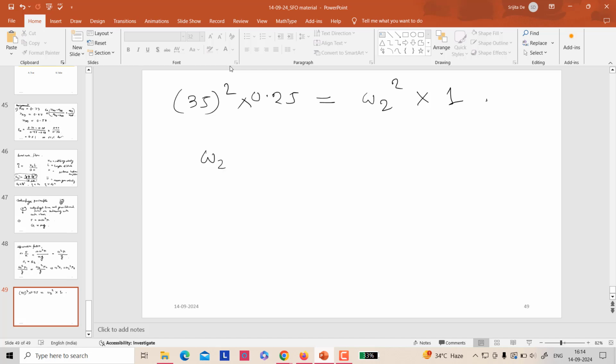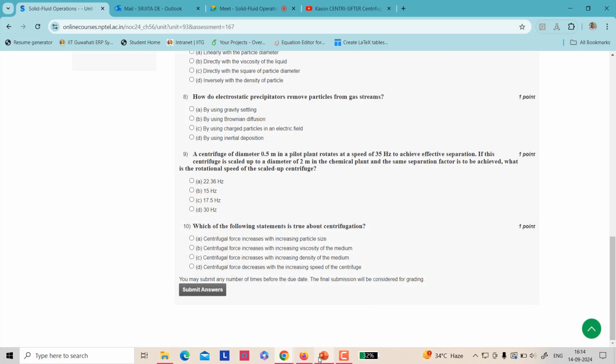So omega 2 square will be 0.25 into 35 square, and R2 is 1. It is 306.25, and omega 2 will be just 17.5. Is there any answer 17.5? Yes, option C.